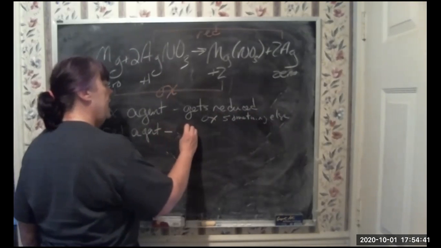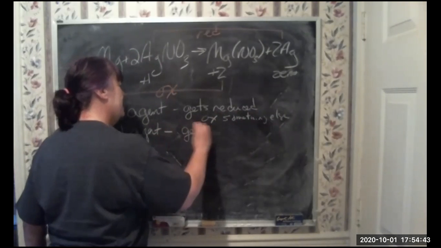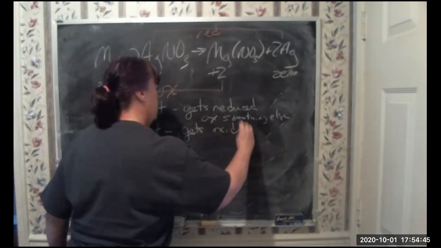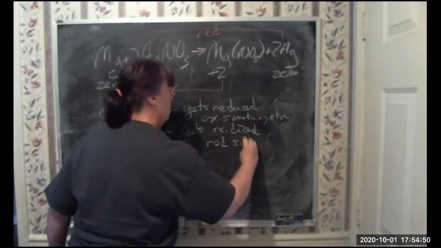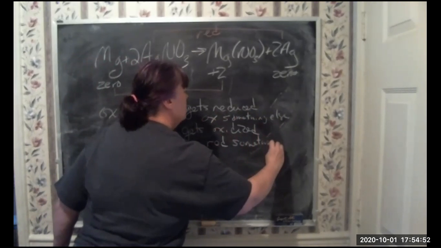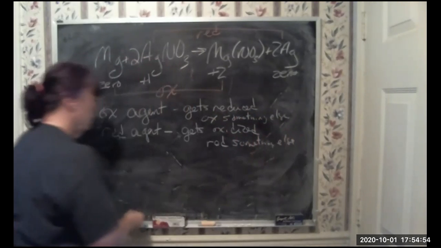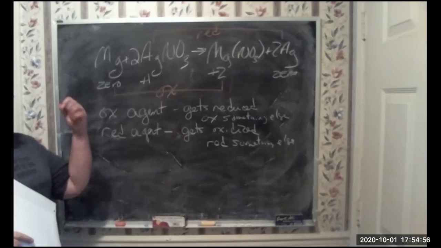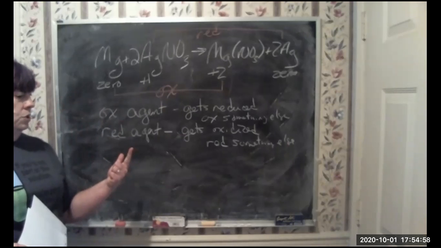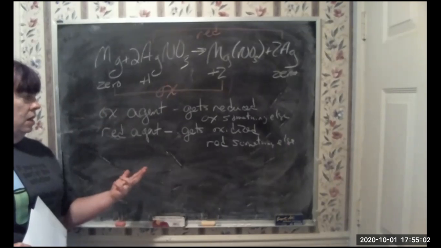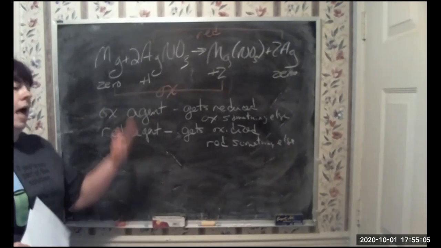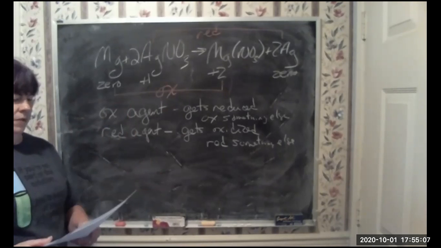A reducing agent gets oxidized, and it reduces something else. So the idea here being that something got oxidized, something got reduced, and in concert with that then, something is an oxidizing agent and something is a reducing agent.